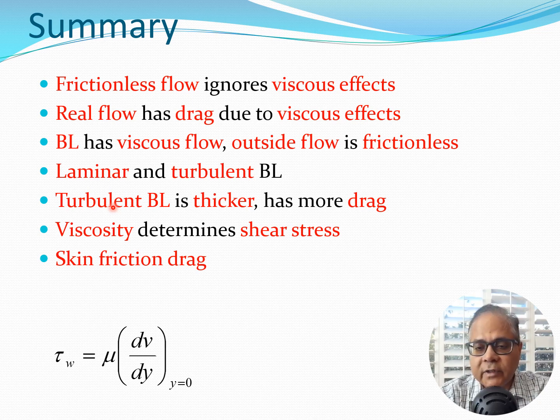If you have a specific type of vehicle you are designing, for example a subsonic transport, a transonic aircraft, or an aircraft which needs to fly at very high altitudes, you will have to figure out the boundary layer you want and the one which is most suitable for you. It's not that the turbulent boundary layer is always bad. There are situations where it may actually be beneficial, which we are going to discuss later in this class.